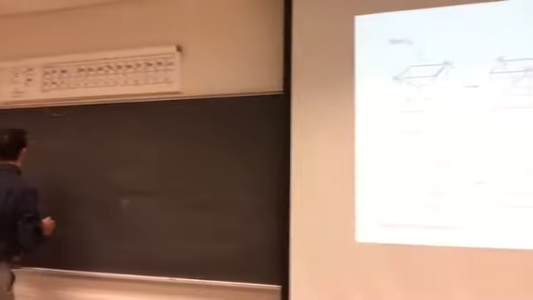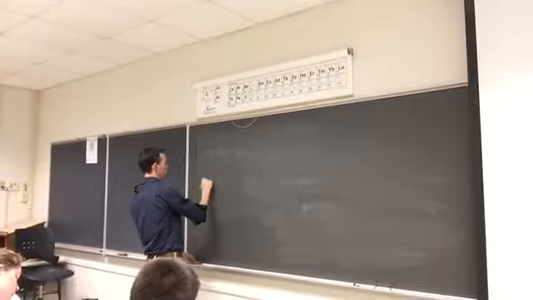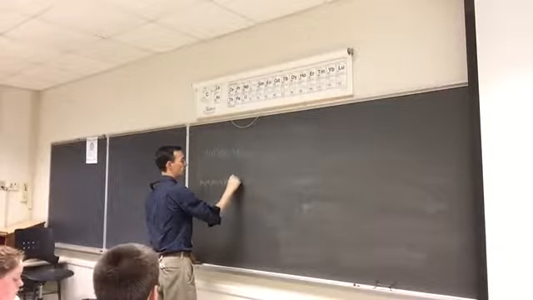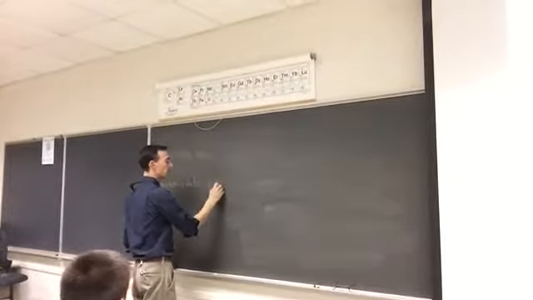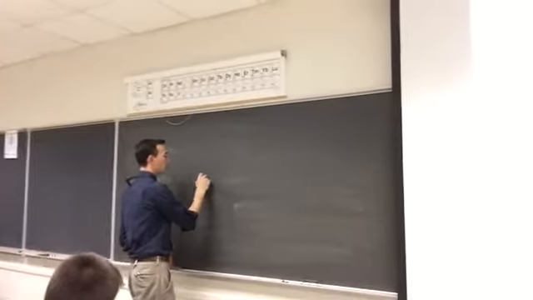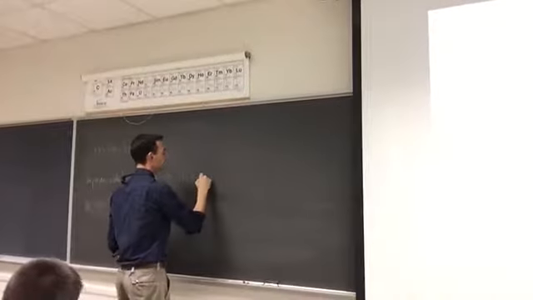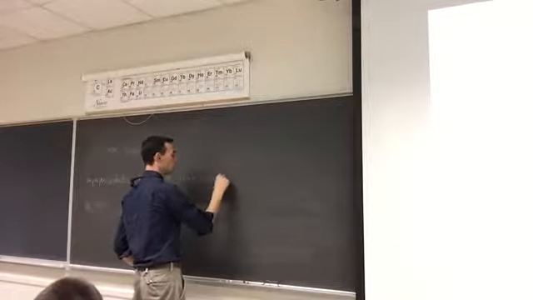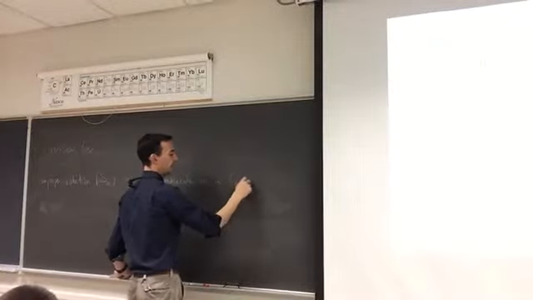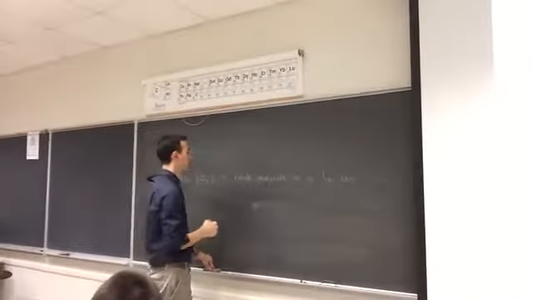And then the last one is called an improper rotation, or rotation reflection. It's given the symbol S with a subscript n. So in an improper rotation, you rotate the molecule on a Cn axis, whatever the n value is.